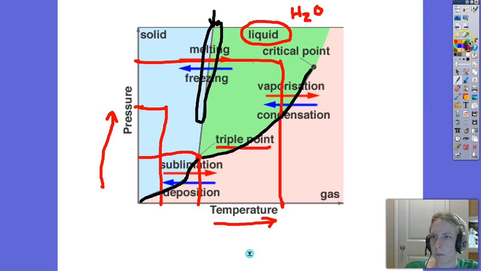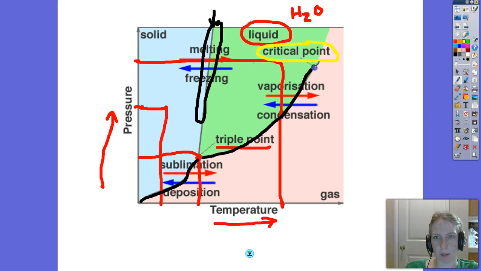Well, the last thing I want to point out on this chart is what we call the critical point. So the critical point is the critical temperature and pressure beyond which water, in this case, cannot exist as a liquid. It doesn't matter how high the pressure goes, I will not be able to get it to liquefy.